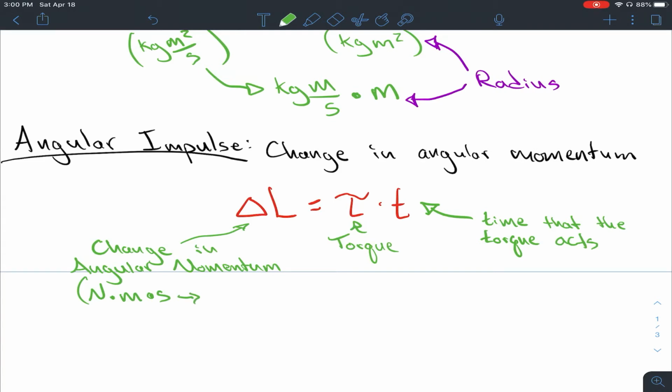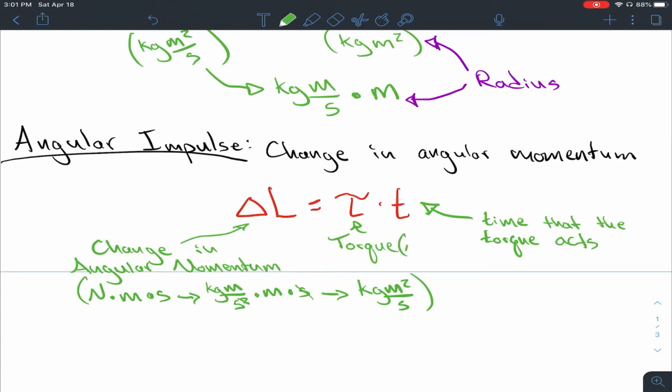But a Newton is a kilogram meter per second squared, times a meter times a second. So some of these cancel out, and we get the same thing as angular momentum, kilograms meters squared per second. That is our unit there.